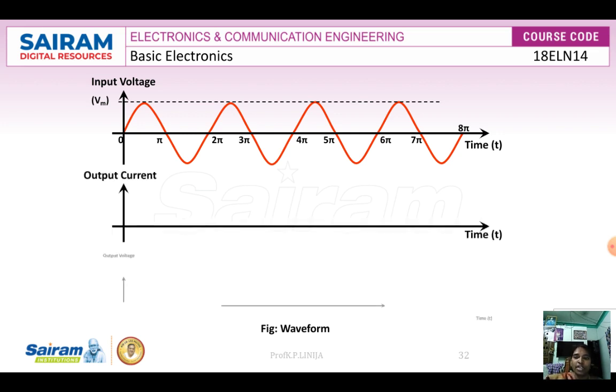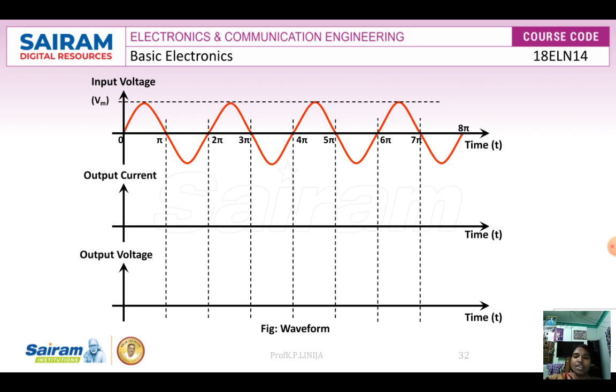Then we have the output current and output voltage. Under the positive half cycle, the diode is on, so we get output current as well as output voltage. During the negative half cycle, the diode is off, there is no current flow, and therefore no output current and no output voltage.